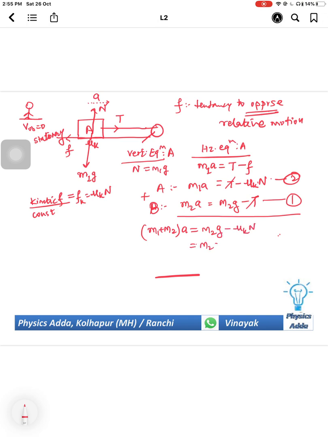This will be m2g minus, what is the value of N for vertical equilibrium? m1g, so this will be m1g into mu k, right?